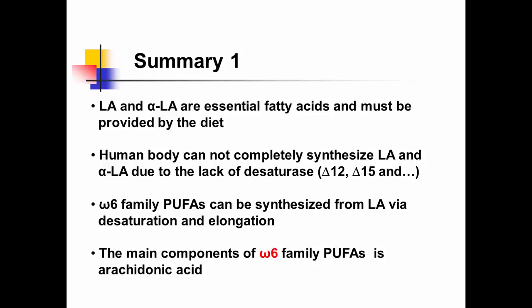And the omega-6 family of polyunsaturated fatty acids can be synthesized from linoleic acid through two important reactions, desaturation and elongation. And the main component of the omega-6 family is arachidonic acid, right?